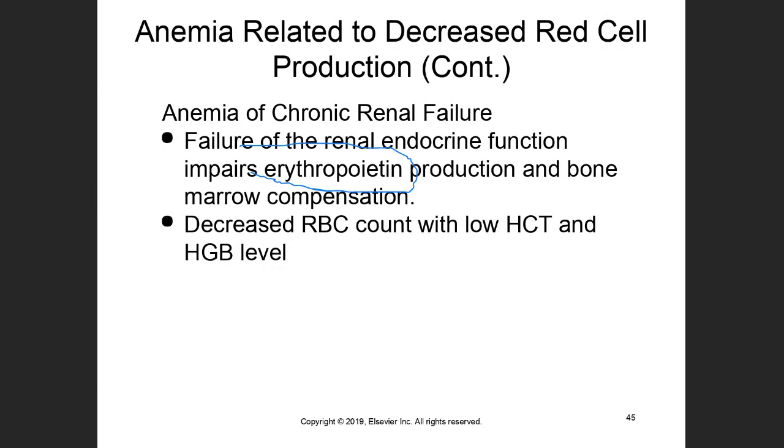Hemoglobin is always related with hematocrit. Okay? They have a proportion. For every one of hemoglobin, the proportion is 1 to 3. From 1 hemoglobin, you have 3 hematocrit. So a person with hemoglobin of 10, the hematocrit is 30.